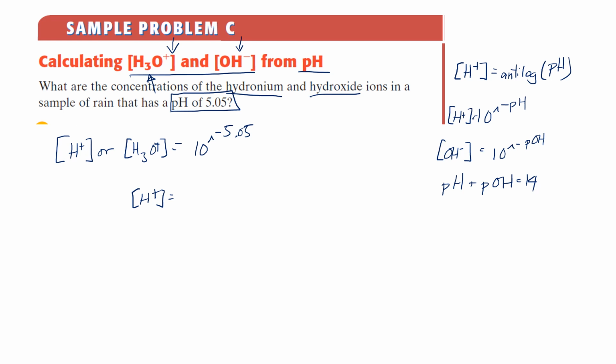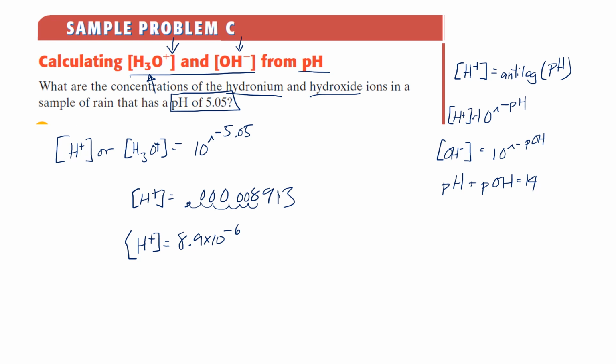And I got 0.000089 13. So that's really ugly. If you want to put it into scientific notation, it would be 8.9 times 10 to the negative 6. That looks good. That's our hydrogen ion concentration, right?